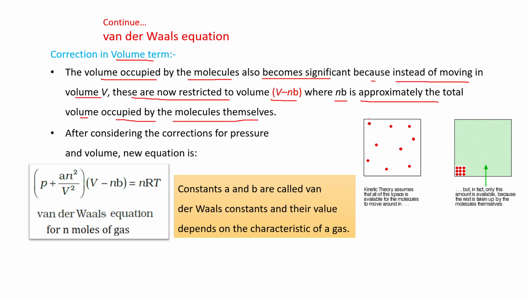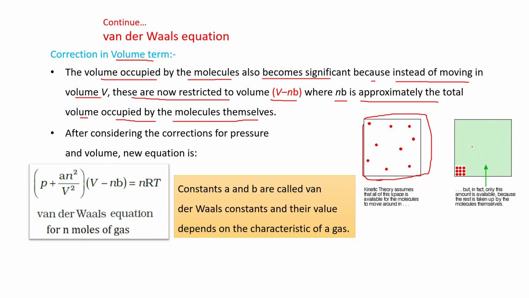See in this diagram, according to kinetic theory, this whole space is available for the molecules to move around in, because the actual volume of a gas particle is negligible.